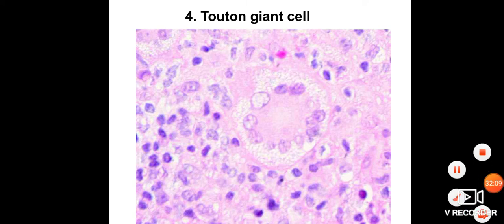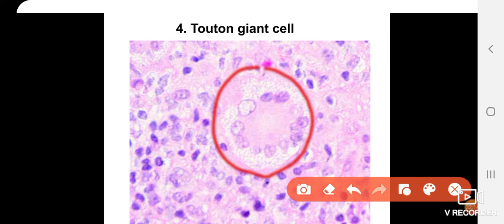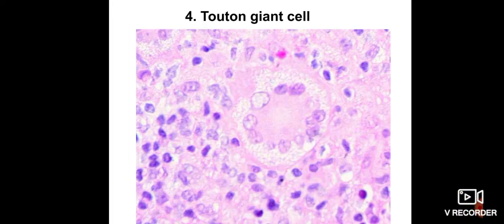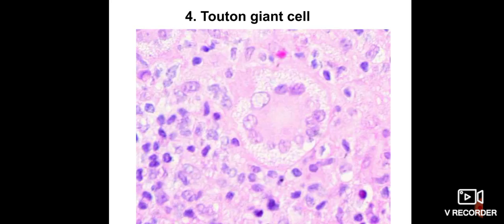Then we have Touton giant cells. This is a large cell. This is the whole cell, and the nuclei are arranged in a wreath-like pattern. What is a wreath? When anyone dies, you give a round shaped bouquet for the coffin.